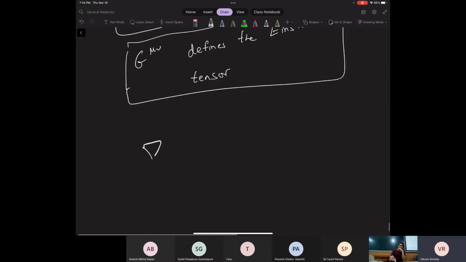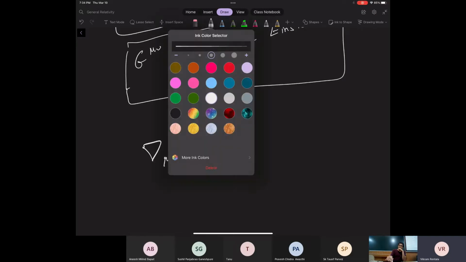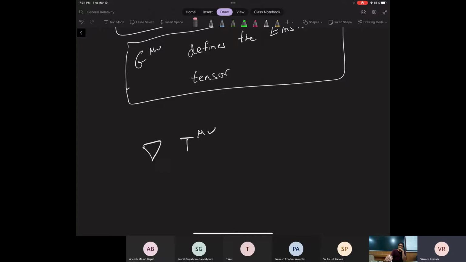If we differentiate any tensor of this type, in components this is partial kappa T mu nu plus gamma kappa mu sigma T sigma nu. So every vector index has to be treated like this, using the connection, the metric connection over here.